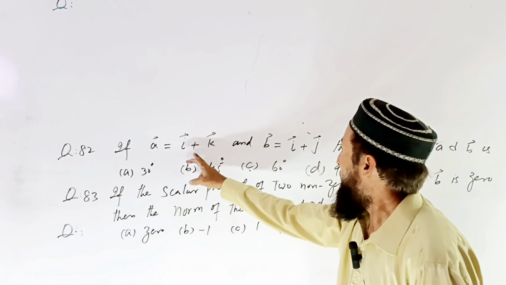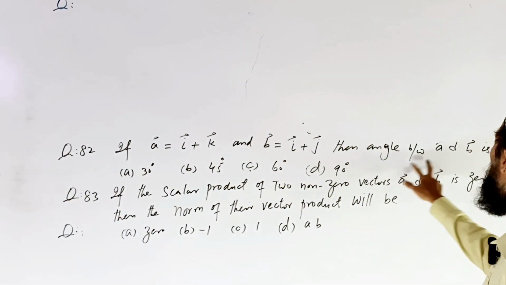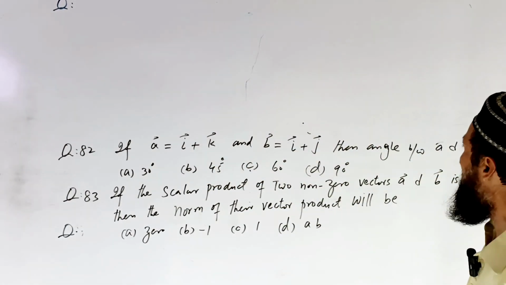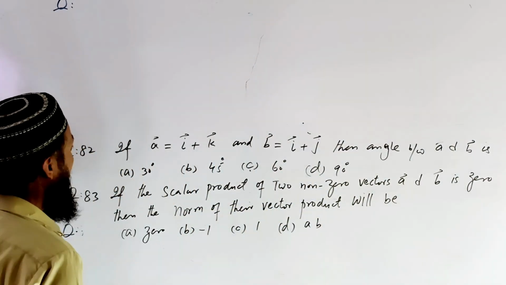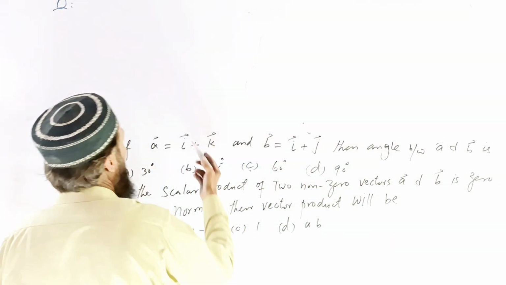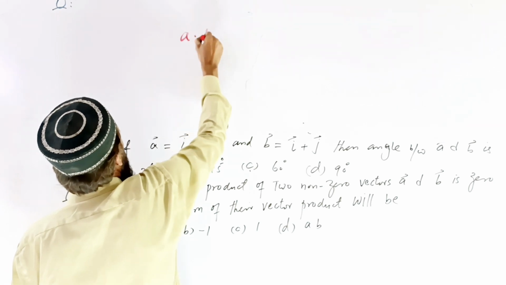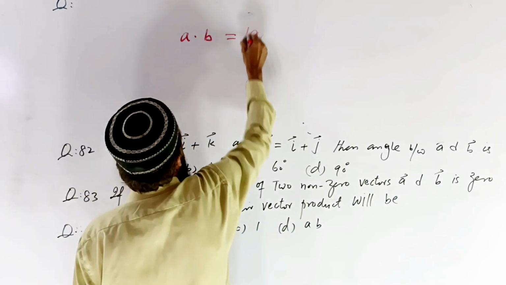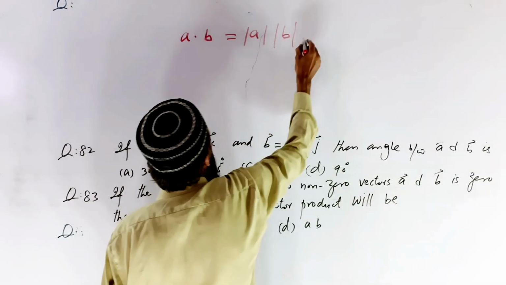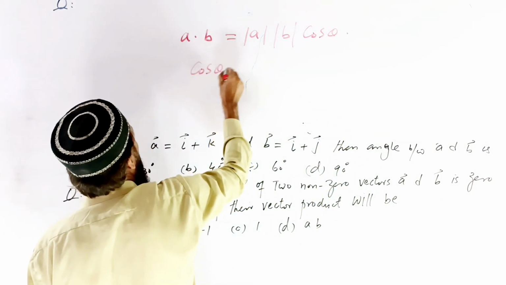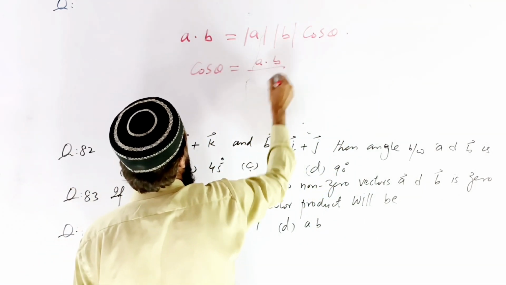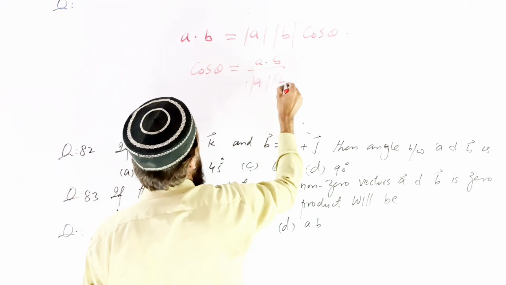82. If A is given and B is given, then what is the angle between A and B? According to the definition of A dot B, we have A dot B is equal to A magnitude, B magnitude, cos theta. Cos theta is required, so cos theta is A dot B over A magnitude B magnitude.